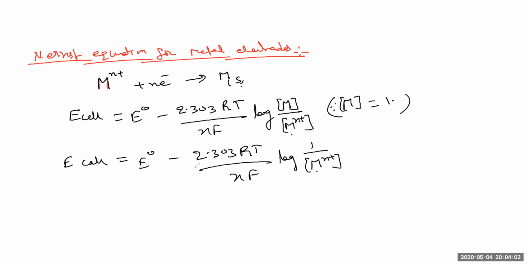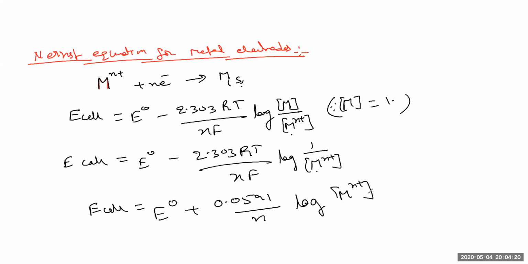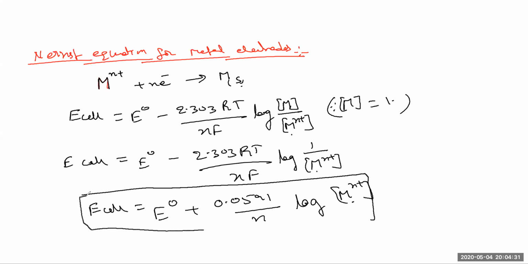Already one negative is there, so negative, negative, positive. Finally, the equation is E cell is equal to E naught plus 0.0591 by n log of M n plus ion concentration. This is the cation concentration. This is the Nernst equation for metal electrodes.